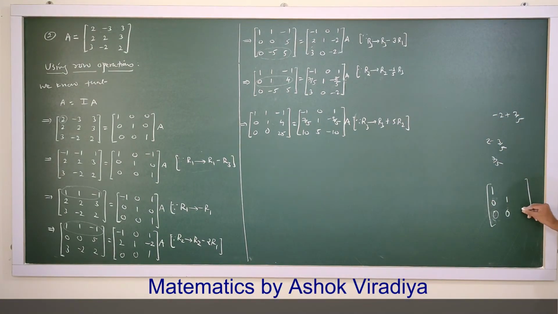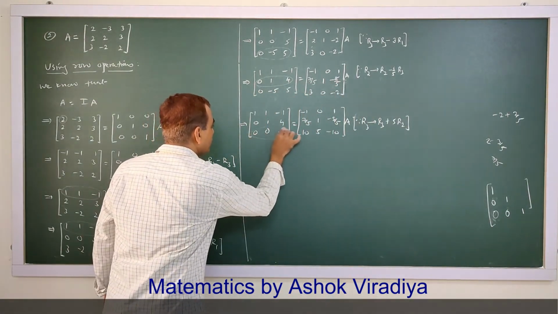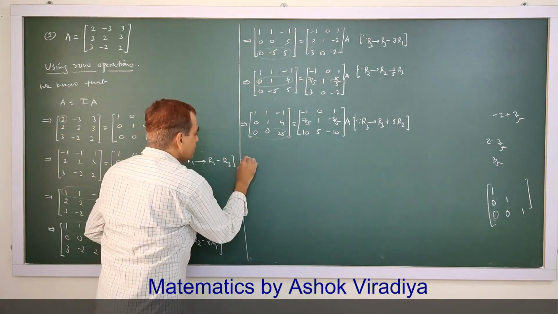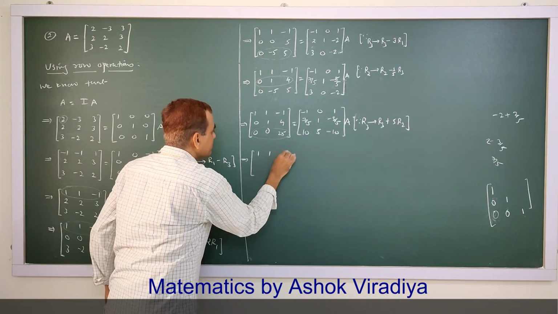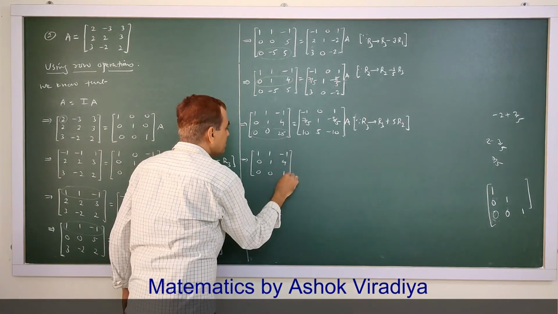Next step, get this one. To get this one, we divide by 25. Last row divide by 25 because these are zeros. So dividing by 25, 0 0 1.